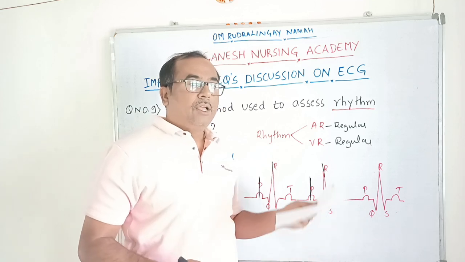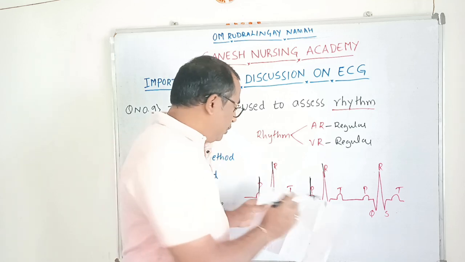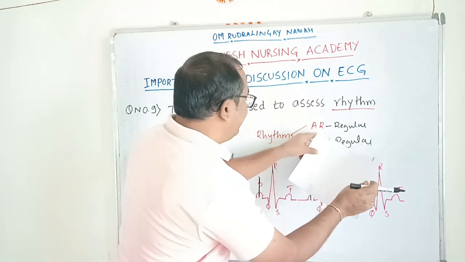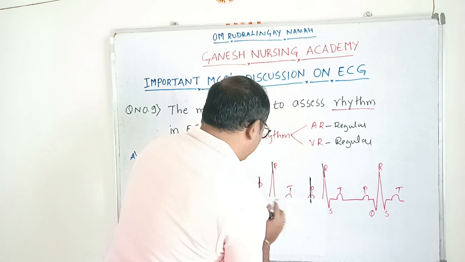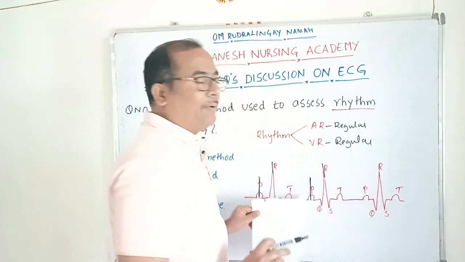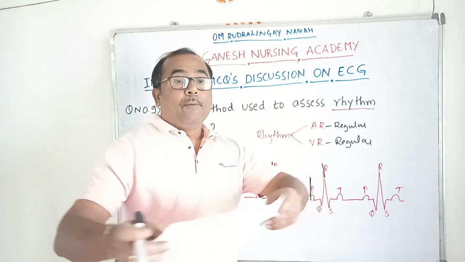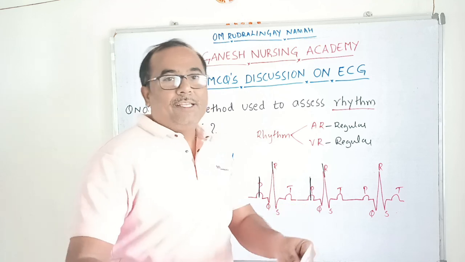What we need here is a paper and pencil. If you want to assess the atrial rhythm, keep the paper on the ECG strip and mark the distance between two consecutive P waves. Then measure the same distance between two consecutive P waves all over the ECG strip.